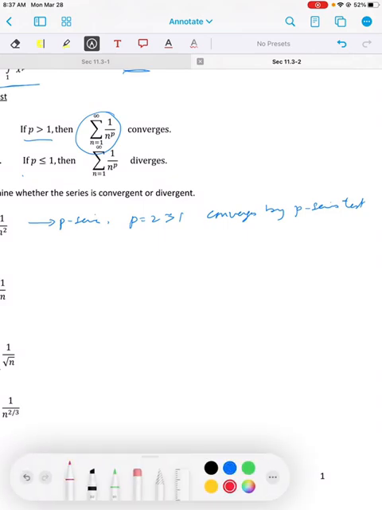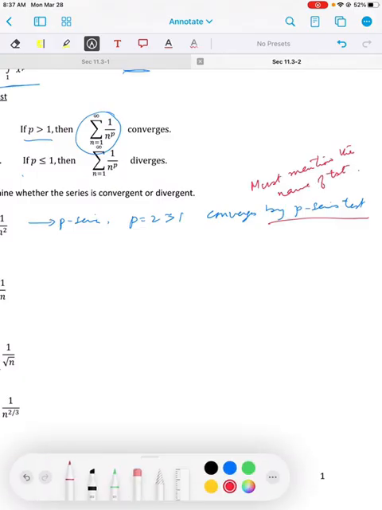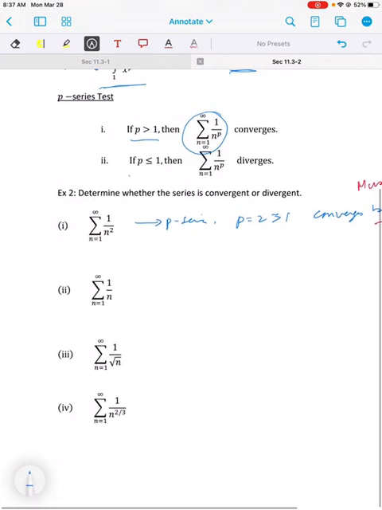Always remember, you must mention the test. So always mention the name of the test, otherwise you will lose some points.